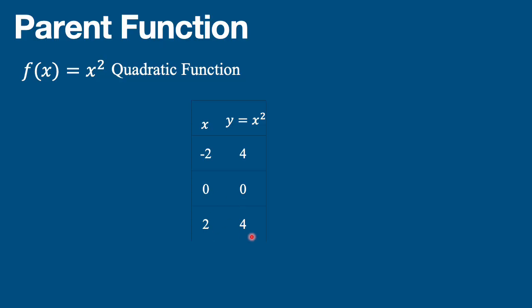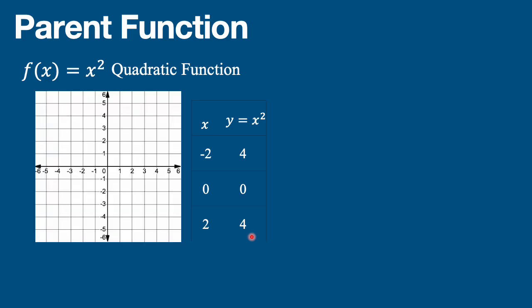That's how you find the y value and sketch this function on the coordinate plane. You plot the points, then connect the dots. But be very careful. A quadratic function is a curve, not a straight line. You sketch the graph smoothly. What is the domain? Domain is all real numbers.